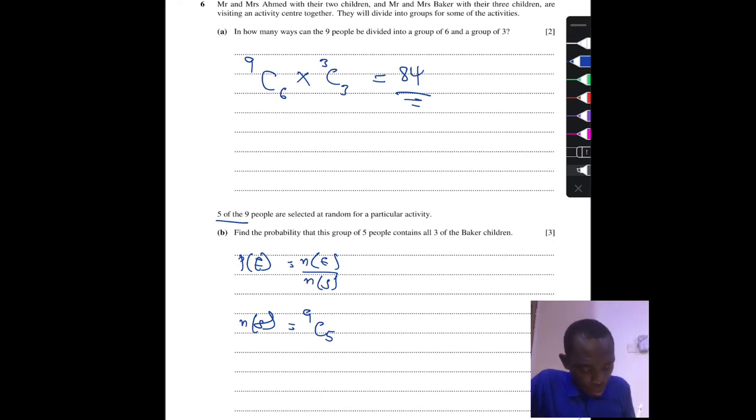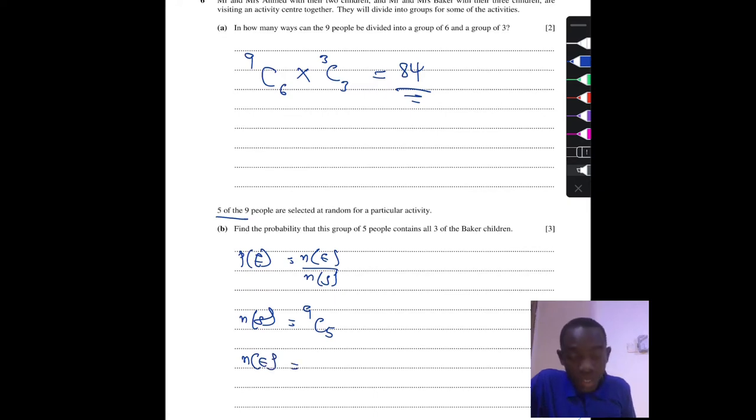Since you have selected 3 people already, it reduces the sample from 9 to 6. So there are 6 people that you are going to choose 2 more to go and join the 3 Baker children. Therefore, your probability will be equal to 6 combination 2 over 9 combination 5.